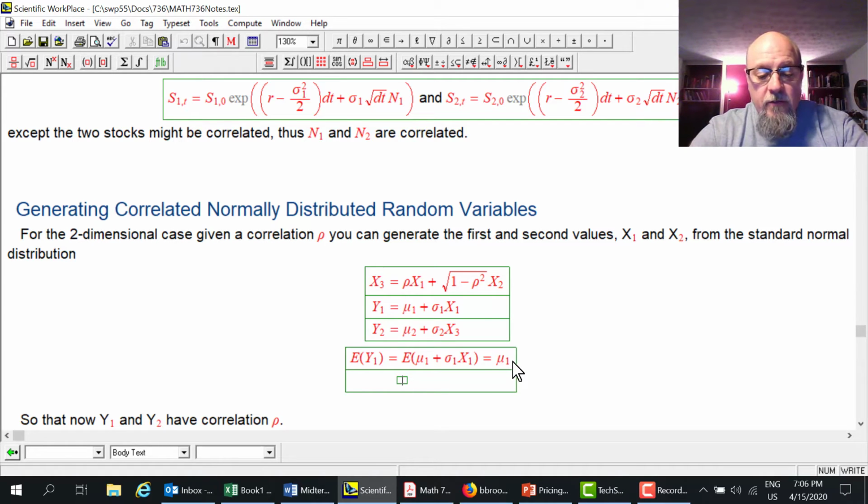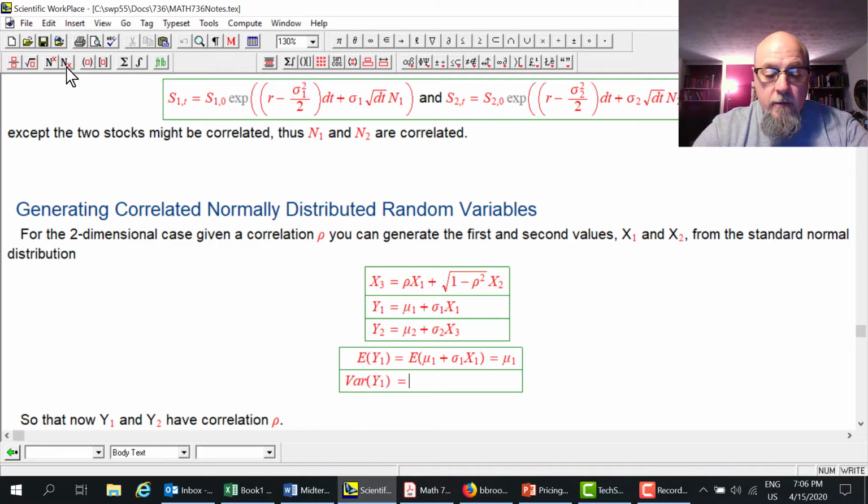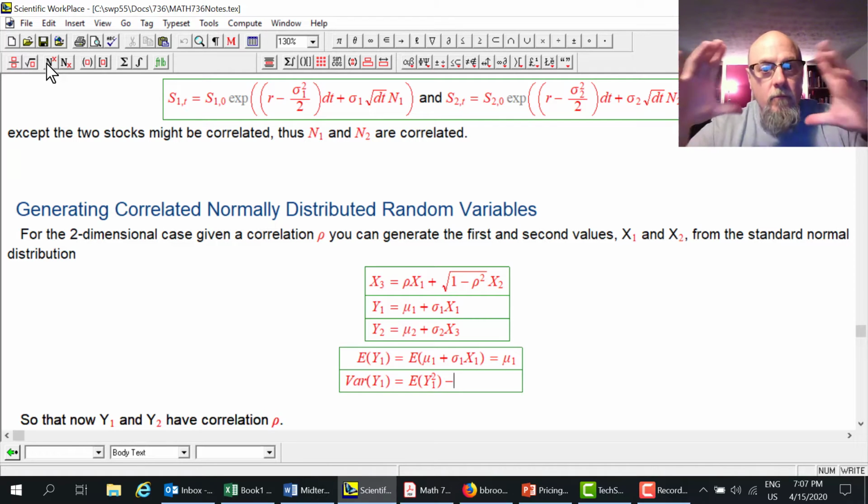So the variance of y1 is going to equal the expected value of y1 squared minus the expected value of y1, squared.